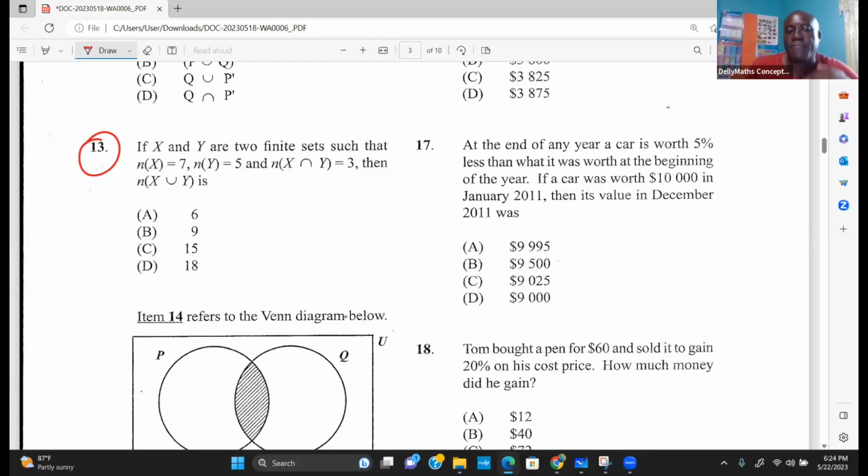So I want you to write down a formula. This formula is a formula for sets. Let us say we have the number of elements.